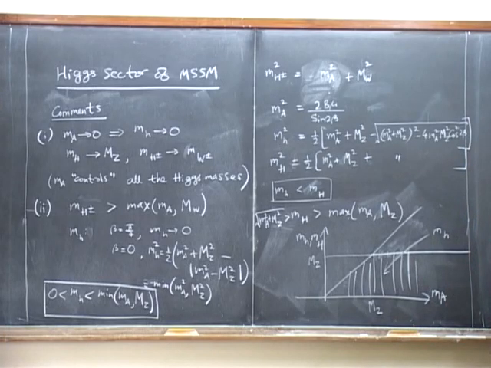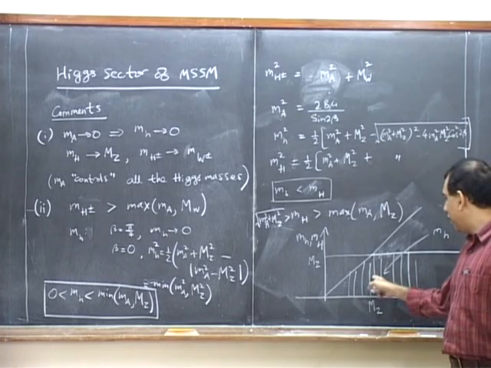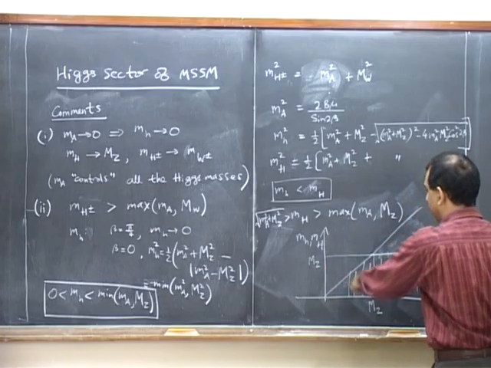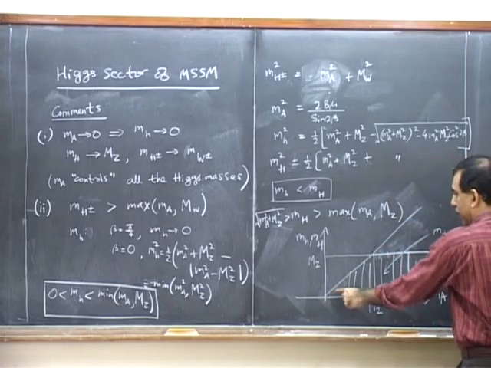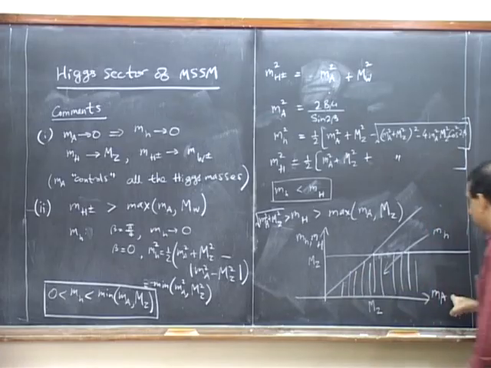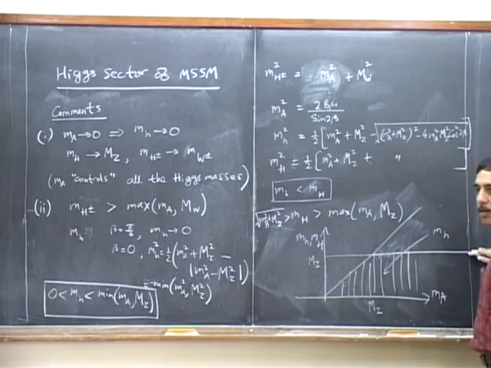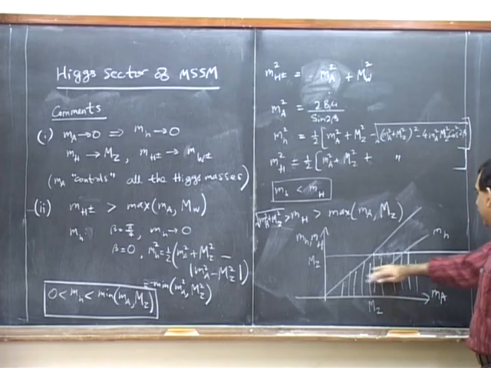Why is that? Because as long as MA is less than MZ, inside here, then MH has to be less than MA, so it's inside this triangle. But when MA becomes large enough to cross MZ, then the bound only says that MH has to be less than MZ, which is this fixed horizontal line. So MH lives inside this region.